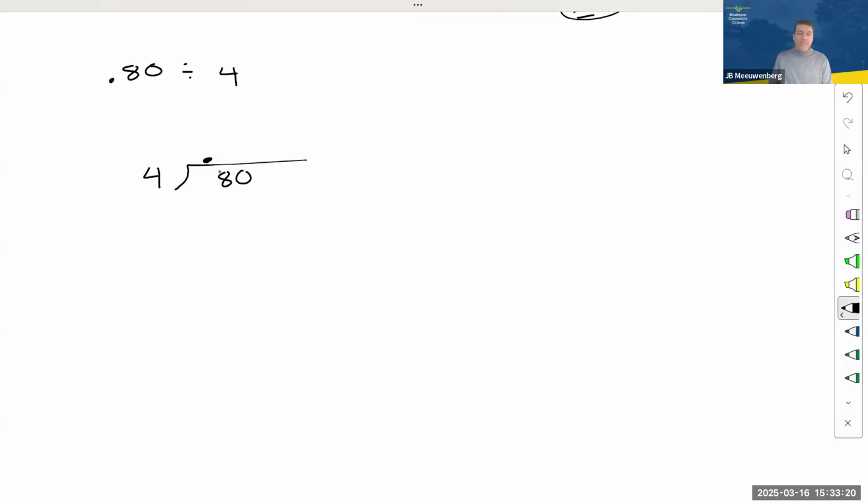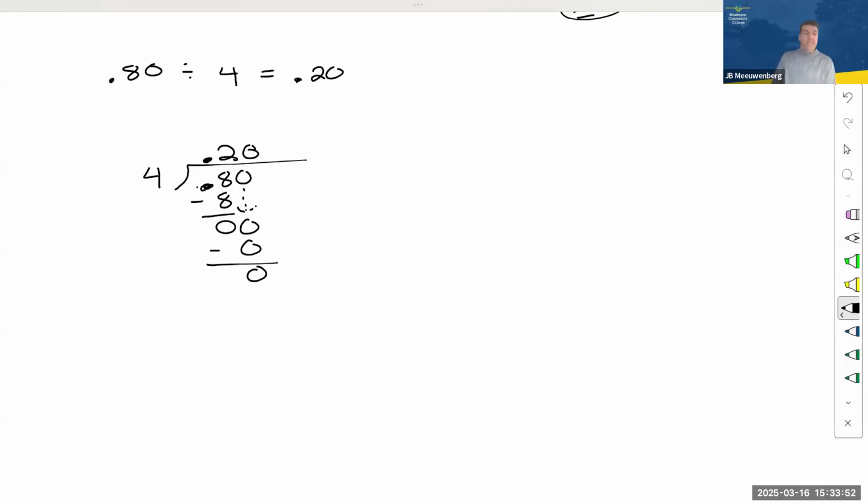And then we ask, 4 divides into 8 2 times. 2 times 4 is 8, giving us a remainder of 0. Then we always bring down our next digit. 4 divides into 0, 0 times, subtracting, still leaving us with 0. So again, we can verify through long division that 80 hundredths divided by 4 is 20 hundredths, or 0.20.